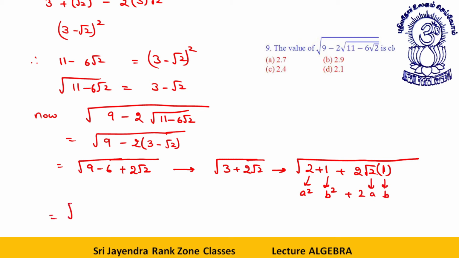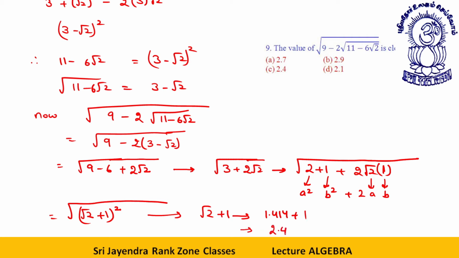So this becomes (a plus b) whole square, where root 2 is a and b is 1. Root 2 plus 1 whole square. This will give you 1.414 plus 1, or 2.4. This is your answer.